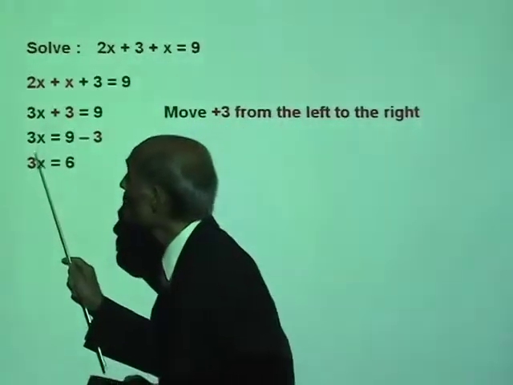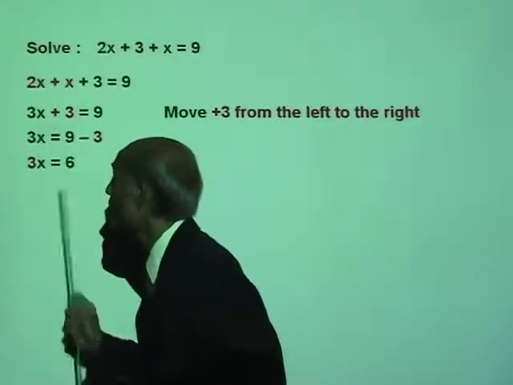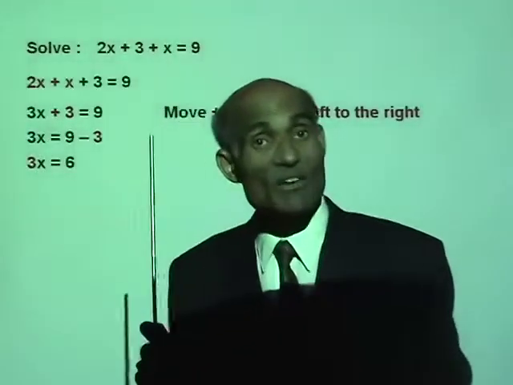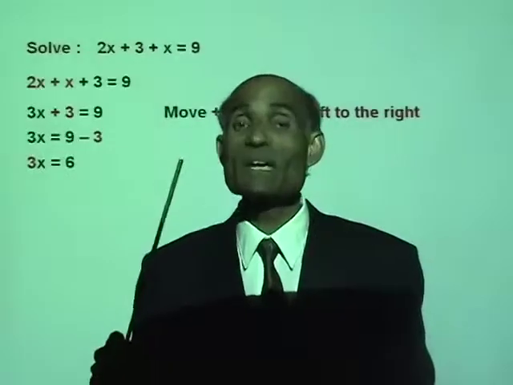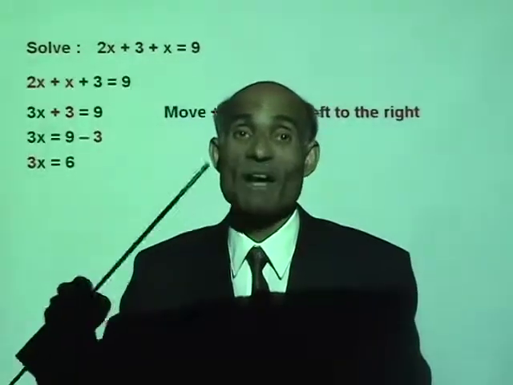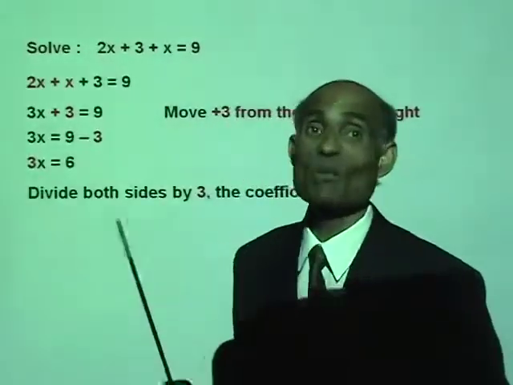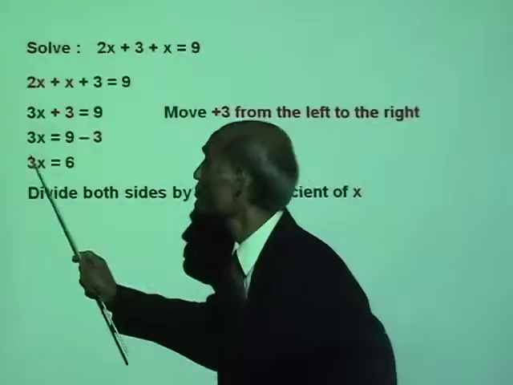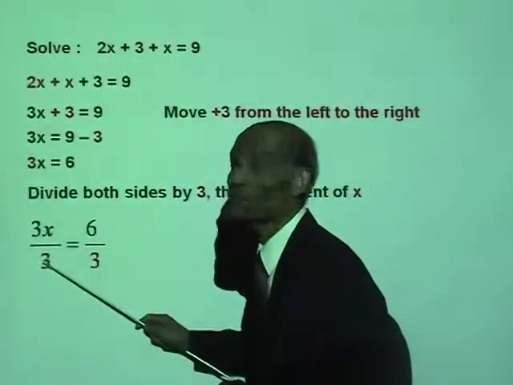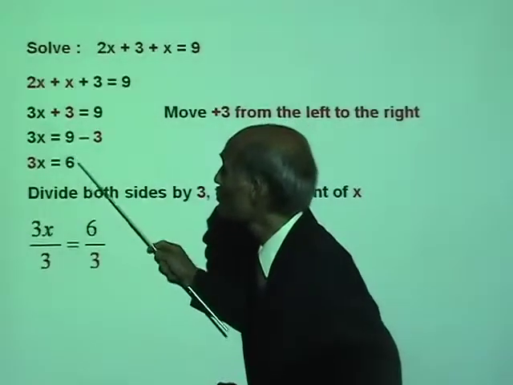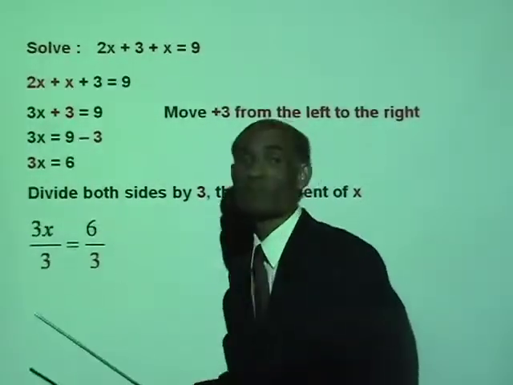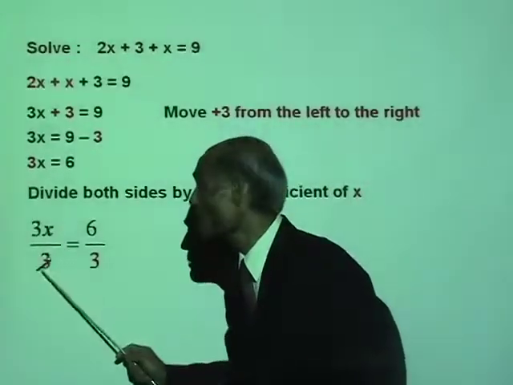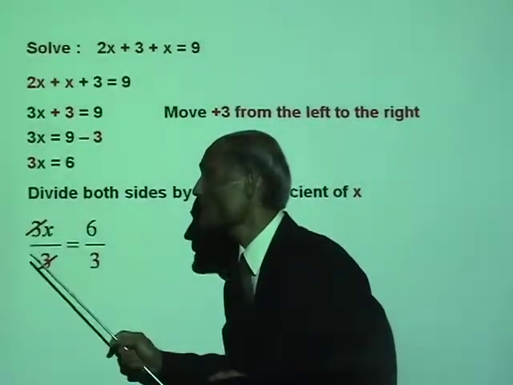Well, what do we do now to make the coefficient of x a 1? The coefficient of x here is 3. To make it a 1, divide both sides of the equation now by 3. So that will be 3x divided by 3 equal to 6 divided by 3. That will make the coefficient of x a 1. 3 and 3 cancel.